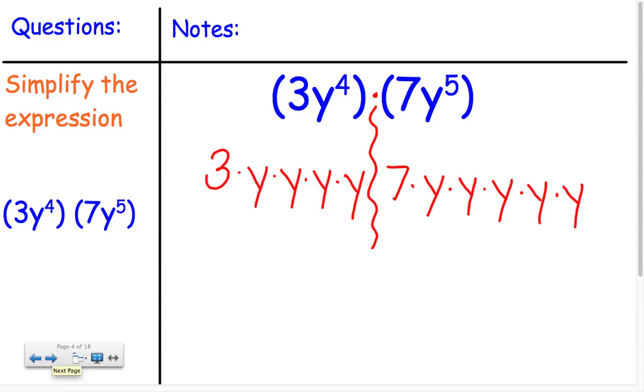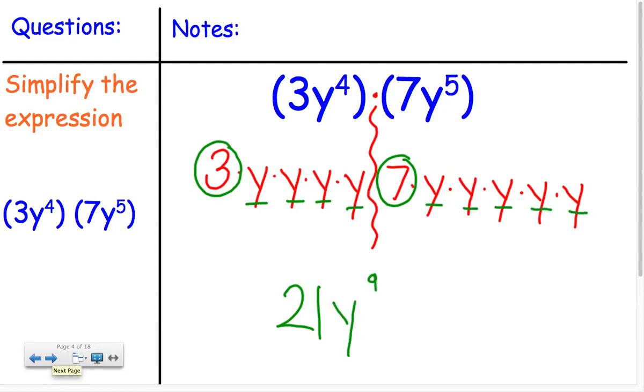So then if I multiply 3 times 7, I get 21. And if I count my y's, I have 1, 2, 3, 4, 5, 6, 7, 8, 9. So 21y to the 9th is my answer.